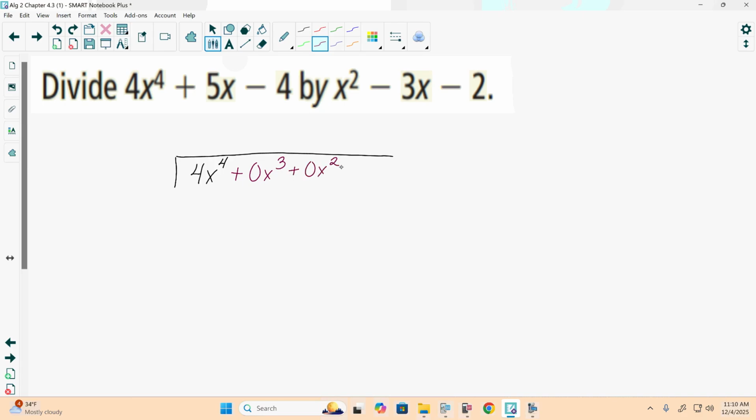So we can just add it in as 0x squared. Now we do have an x term, plus 5x minus 4. And outside we'll have what it's being divided by, which is x squared minus 3x minus 2.